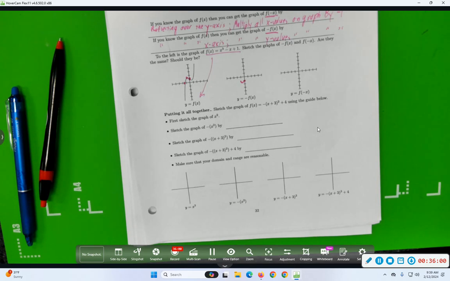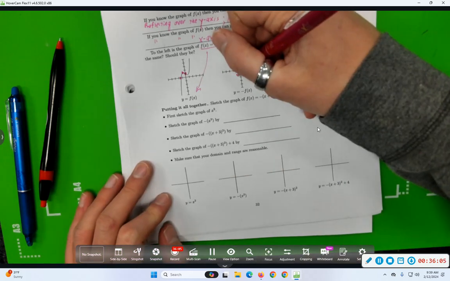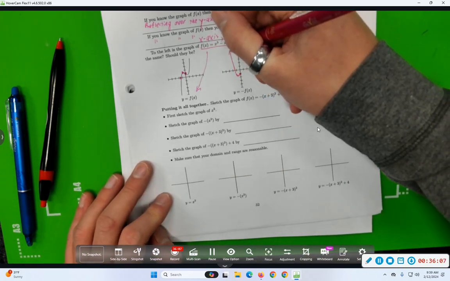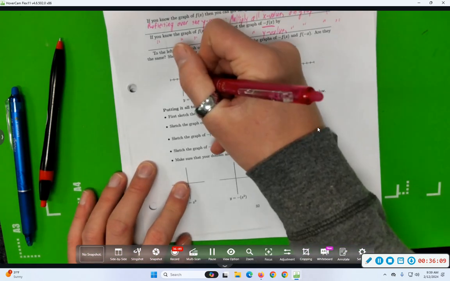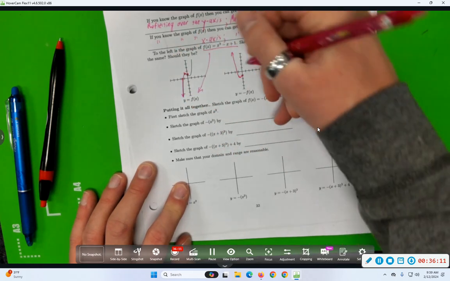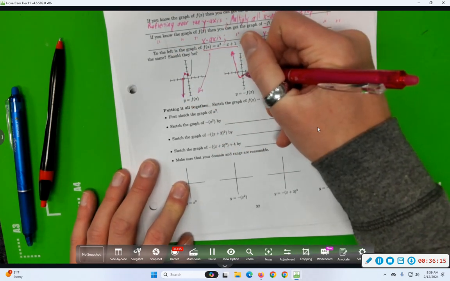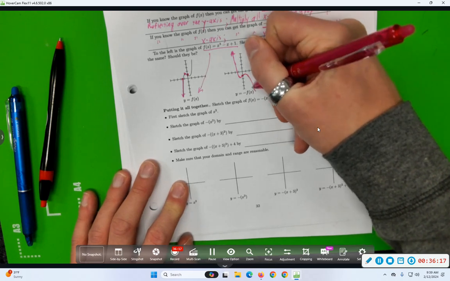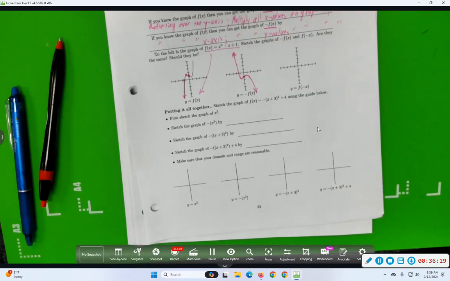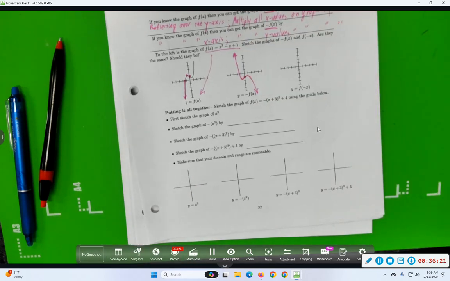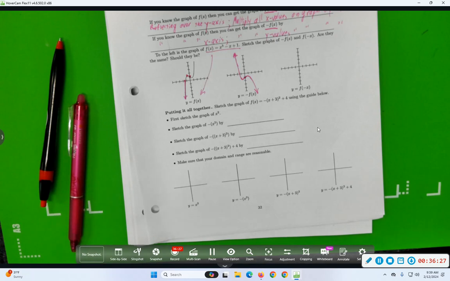X-intercepts are when the y value is 0, and -0 is 0. And then all of these y values that become super negative now become super positive. Does that seem sensible? Nice. So there's the graph of y equals negative f of x.